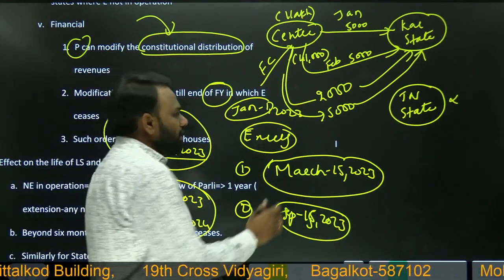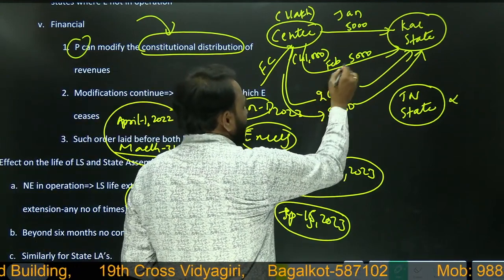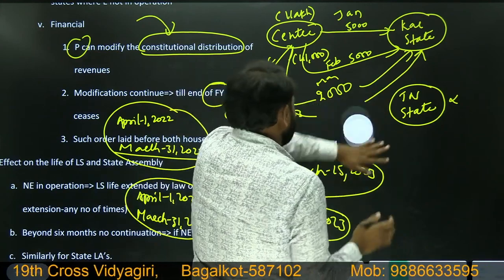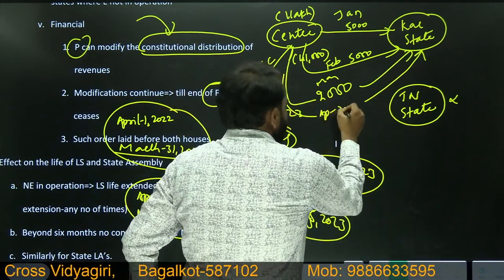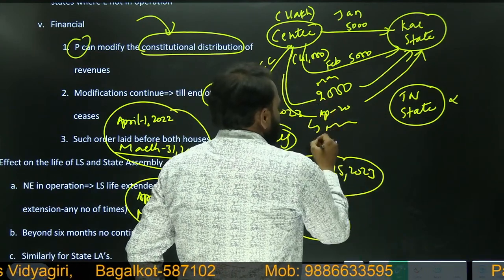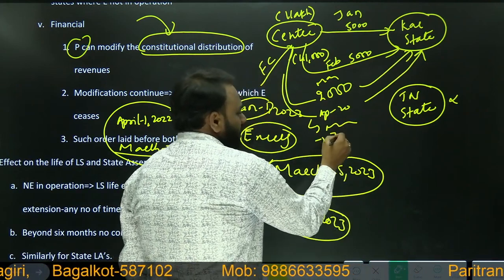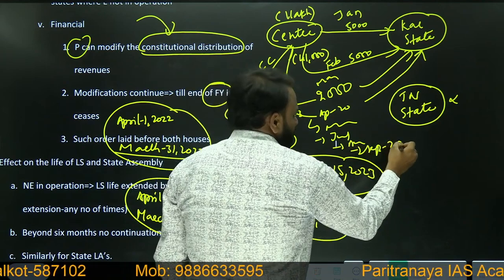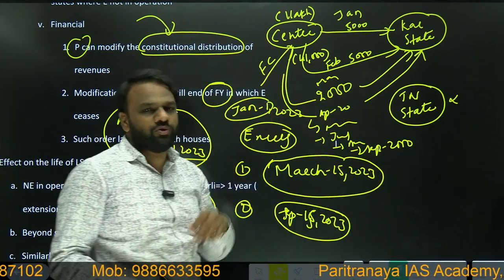So it means for February 5,000, for March 2,000, for April also 2,000, next May 2,000, June 2,000, July 2,000, August 2,000, September also 2,000 rupees. Okay, so we'll be transferring 2,000 rupees to the state.